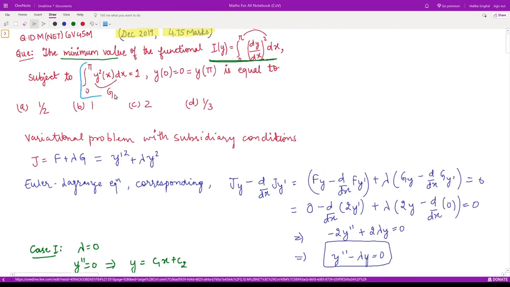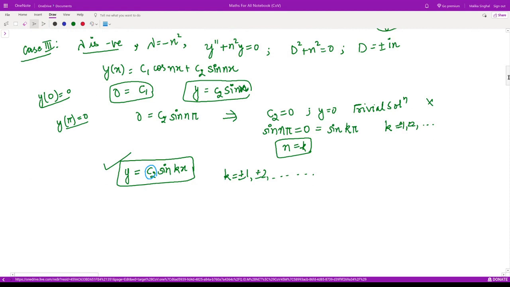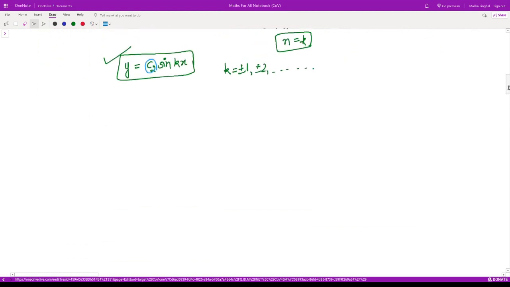We haven't used this yet, right? So let us use this first to determine what c2 is. So the condition was integral 0 to pi y square dx is equal to 1, right?